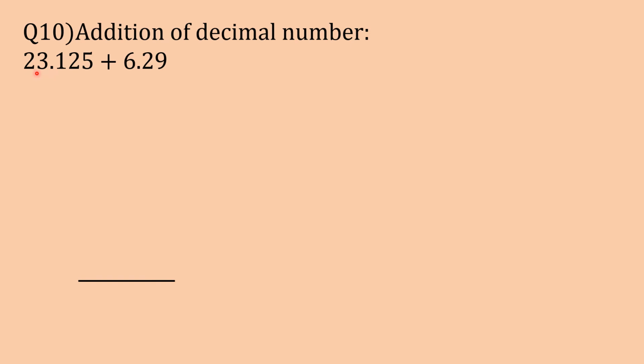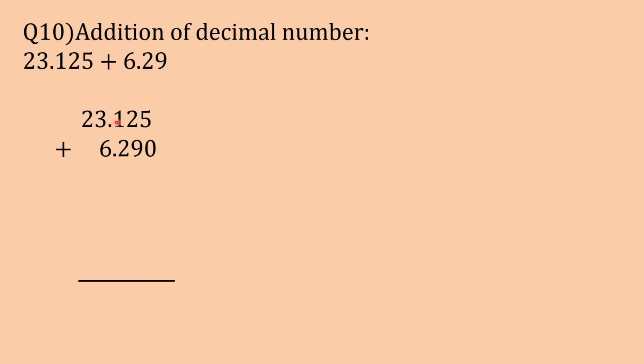So the first number is 23.125, and I have to add the second one, that is 6.29. Let's write it in horizontal way. You'll write 23.125 and the plus sign, since addition is said.